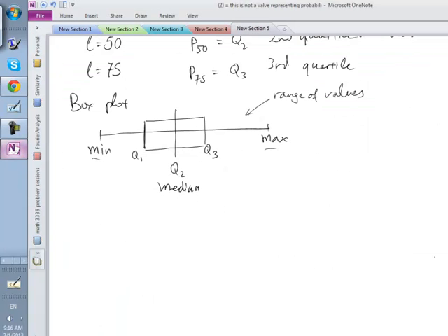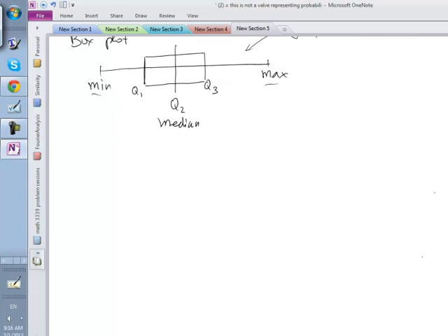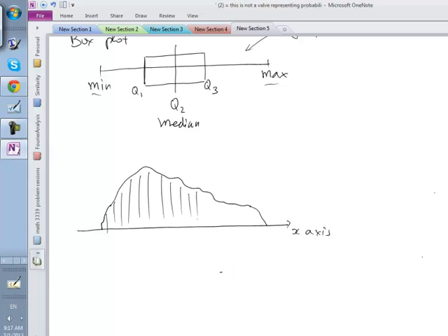Let's see. Something that I probably did not mention, the graphical interpretation, is that if we have the PDF of the function, so this is the x-axis here, and this is the PDF. Let's say that it looks like this. The entire area under the PDF represents the probability that x will take any particular value, so it should be equal to 1.